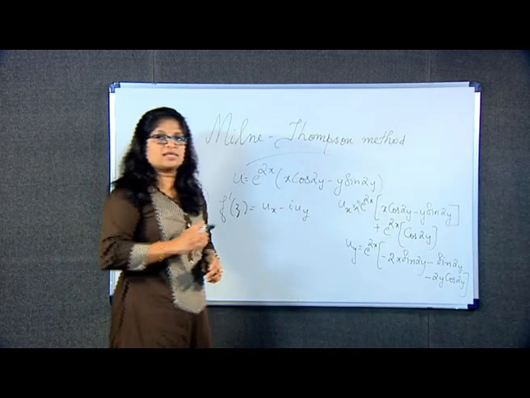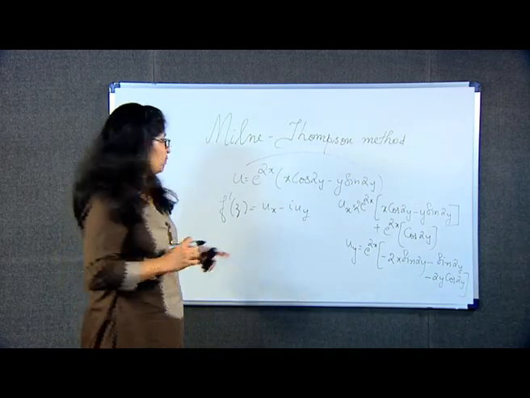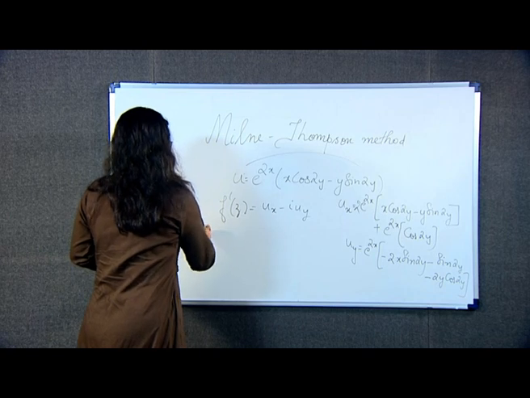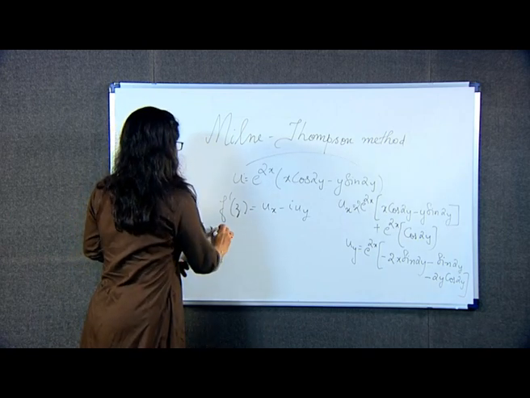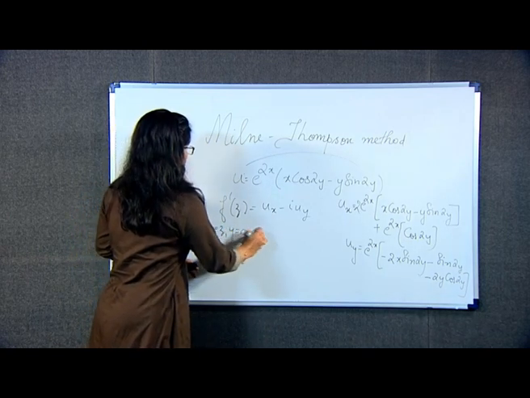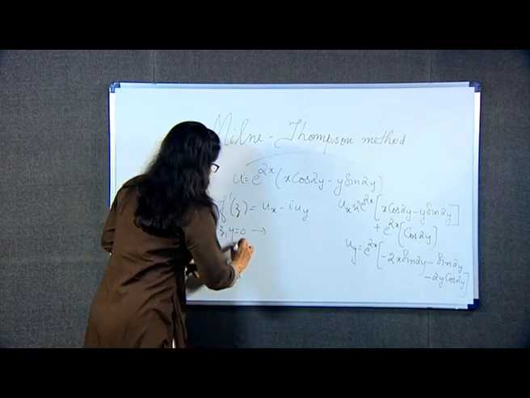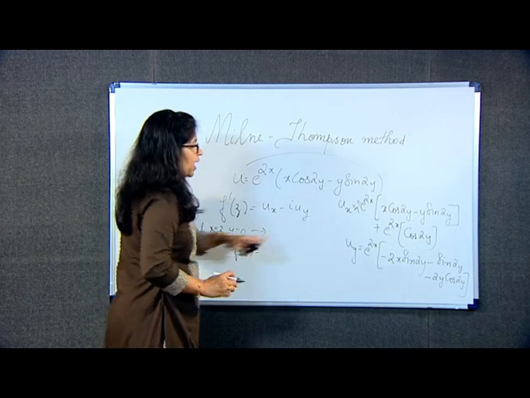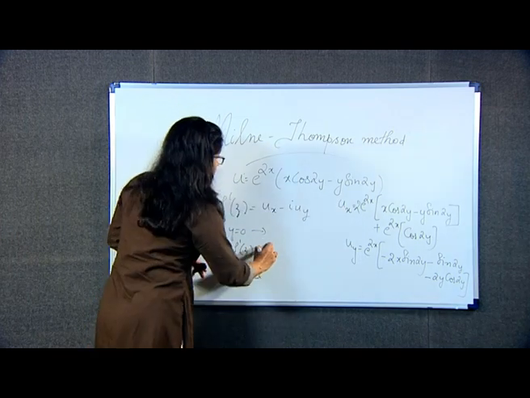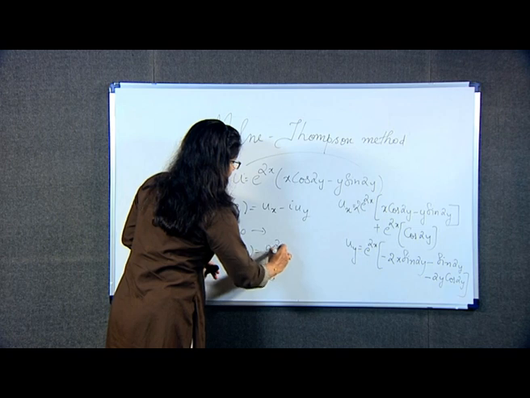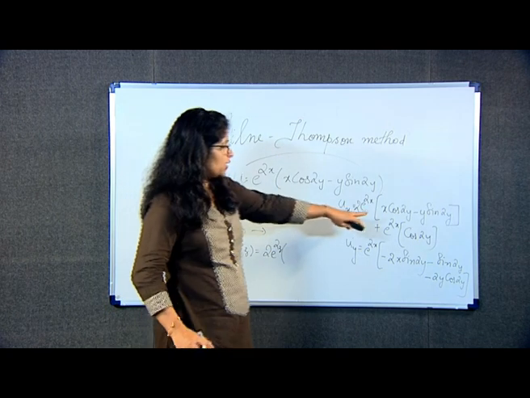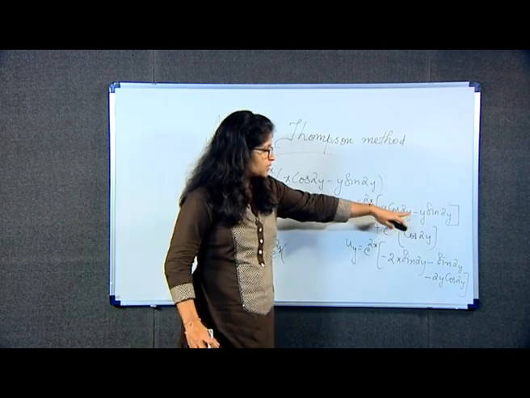So, if I put x equal to z and y equal to 0, I get my function reduced to a function in z. So, what is your f dash z now? I put x equal to z and y equal to 0. So, you get 2 e raised to 2z. Here cos becomes 1 and sin becomes 0.